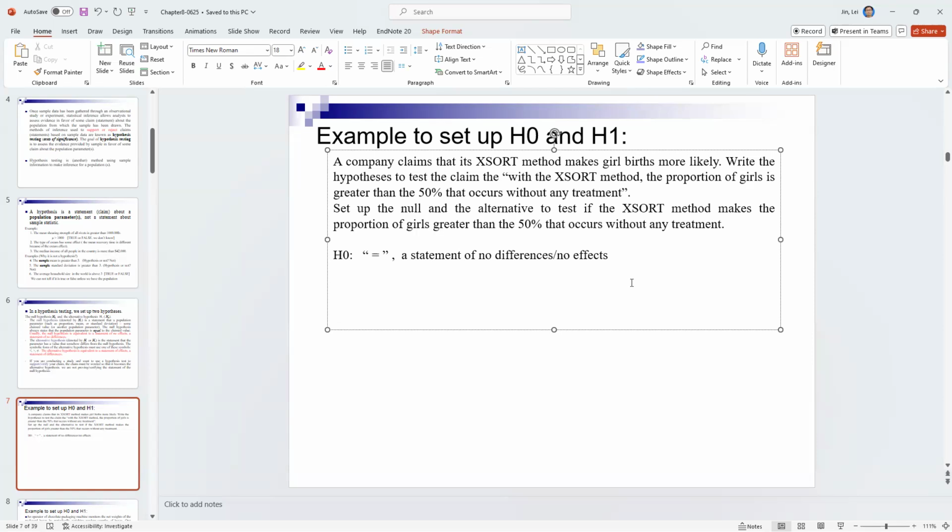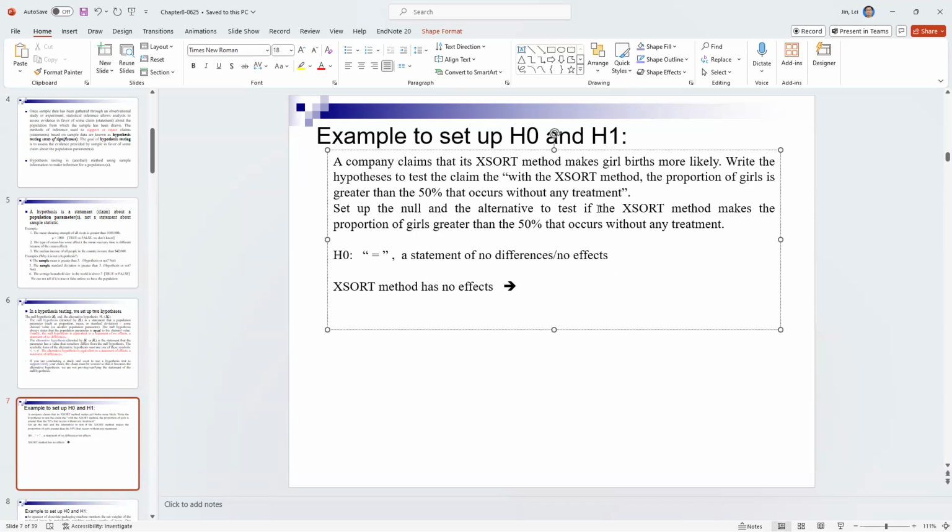So a statement of no difference will be what? A statement of no effect means what? The XOR method has no effect, right? What does that mean, a statement of no effect?